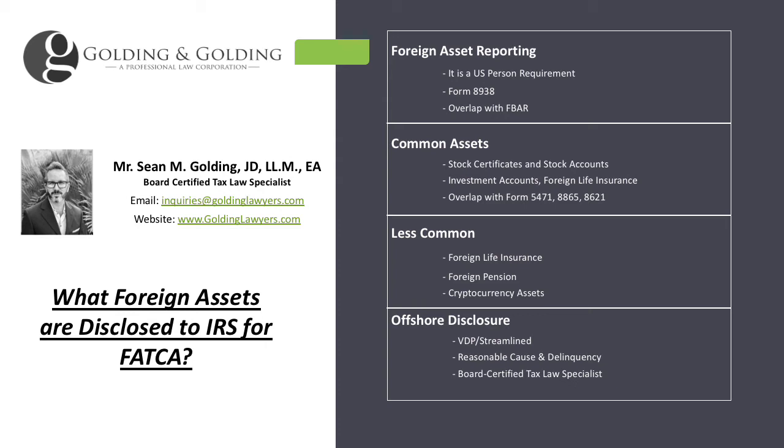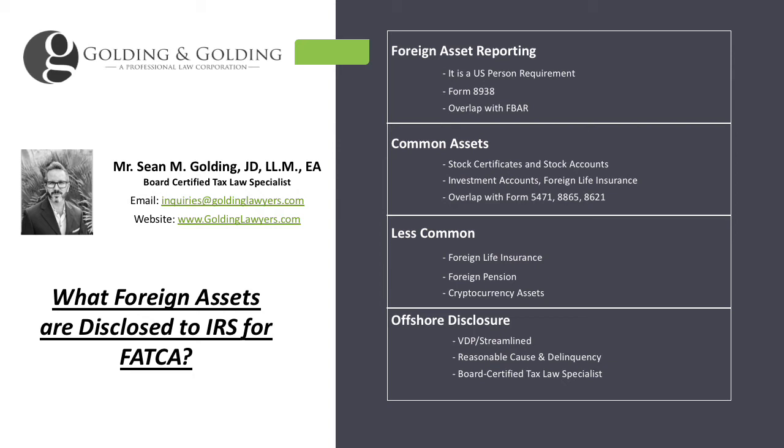A very important aspect when you're dealing with stock and investment accounts, life insurance, things like that, is there may be overlap with other forms. 5471 for foreign corporations, 8865 for foreign partnerships, 8621 for passive foreign investment companies. Typically, you don't have to double file multiple forms for the same asset. That doesn't include the FBAR. If you have an account on the FBAR, you're also going to include it on the 8938.